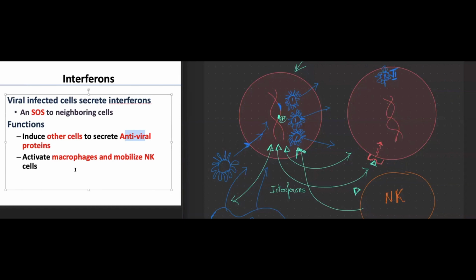But this doesn't mean they are specific. They act in a non-specific, broader way. That's why we consider them part of the innate immunity rather than immunoglobulins. Immunoglobulins are targeting specific antigens on a specific pathogen. All right?